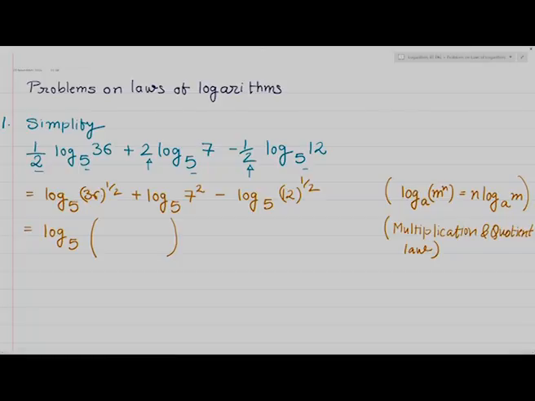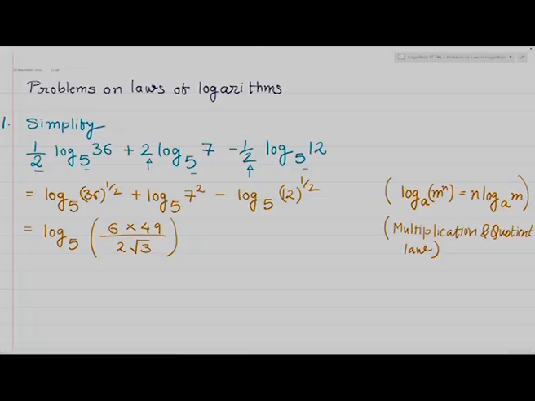The first number, since 36 is a perfect square, the square root of 36 will be 6. Then 7 square is 49, into 49, right? And because this is a minus sign, I will get root 12 in the denominator. But I can simplify root 12 because root 12 is the square root of 4 into 3. So, the square root of 4 is 2 into root 3.